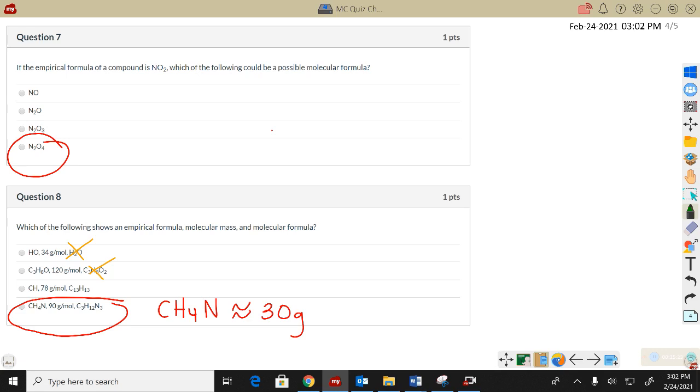If I had a 1-4-1 ratio of carbon to hydrogen to nitrogen, a true molecular formula could triple that to be C3H12N3. And that does have a mass of 90 grams per mole. The little empirical formula would have a mass of 30 grams. And so if I triple the ratio, I should triple the mass.